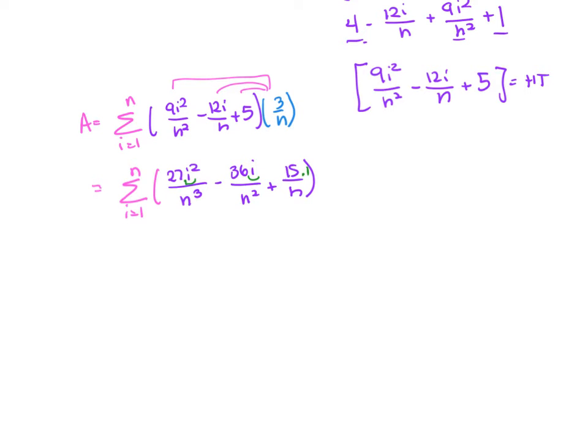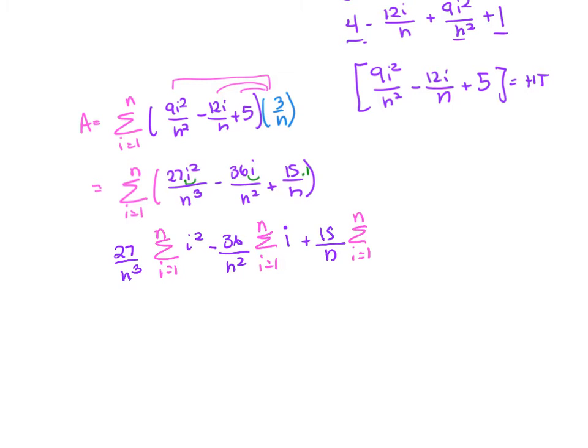Okay, so let's factor out the 27 over n cubed, times the sum from i equals 1 to n of i squared, minus 36 over n squared times the sum from 1 to n of i, and then plus 15 over n times the sum of 1.